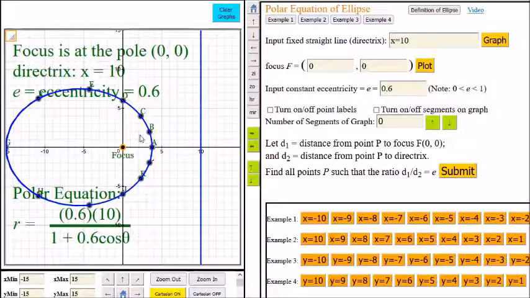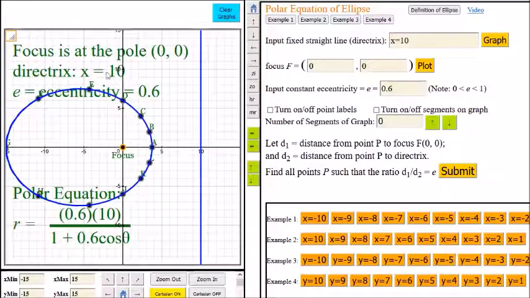Then we can also have the type of ellipse where the directrix is to the right of the focus. So the directrix can be to the left of the focus, to the right of the focus, or above the pole, or below the pole.